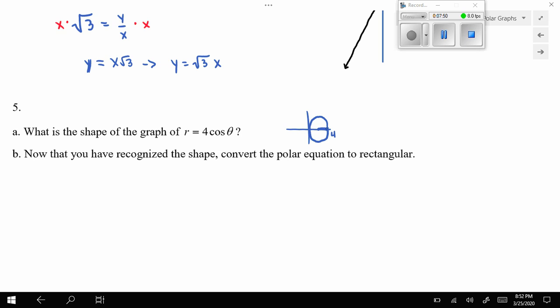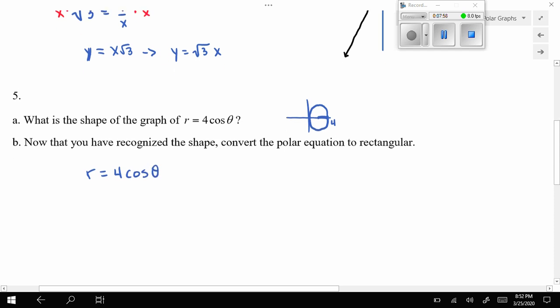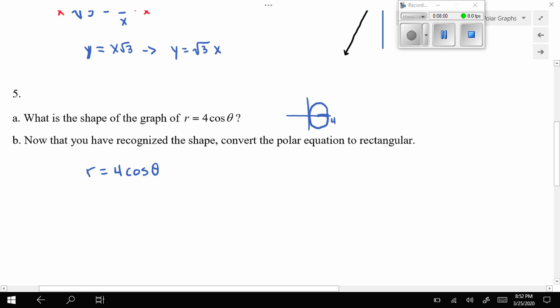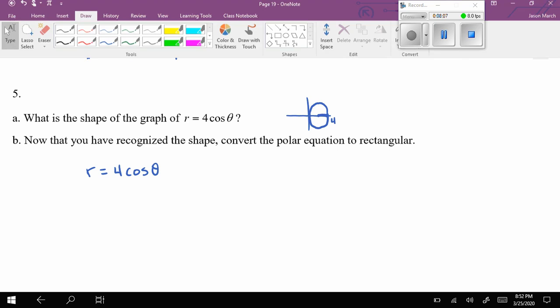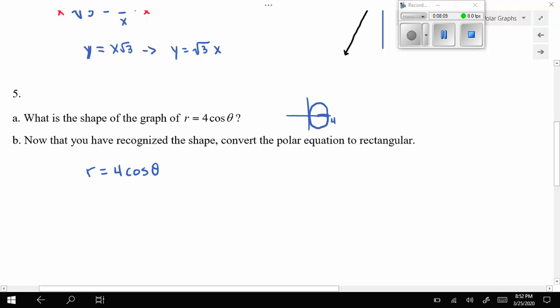So we have r equals 4 cosine theta as our equation. So the tricky part to this one is it takes a little bit of creativity. It's not an obvious first step, and if you forget it, it's very difficult to transition into the actual conversion. So the trick is to take the original equation and multiply through by r.